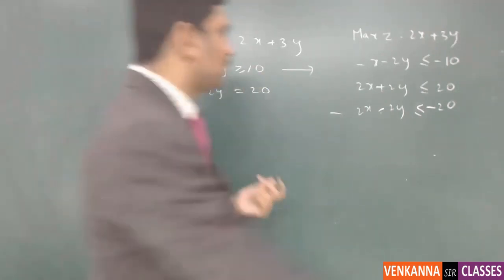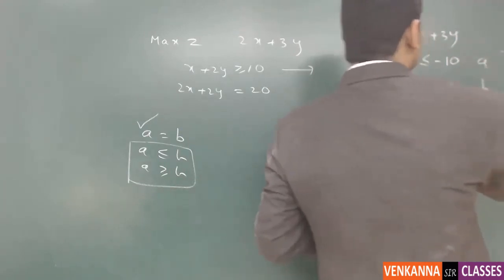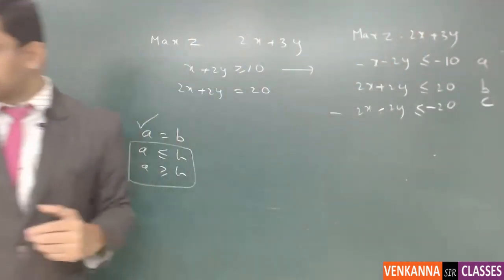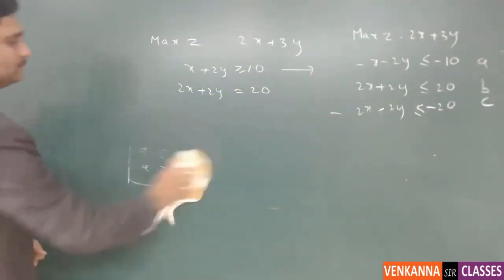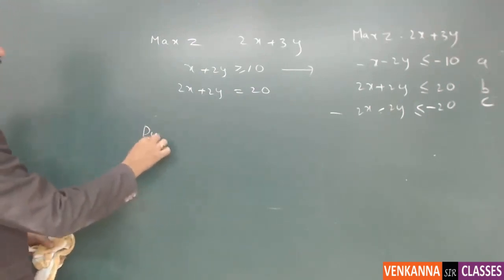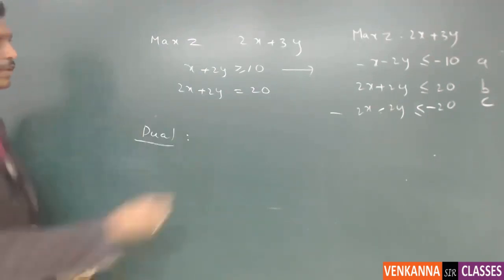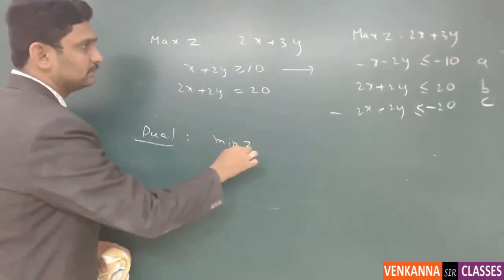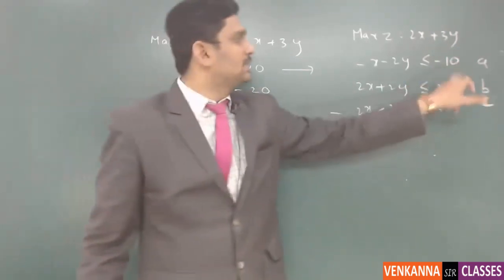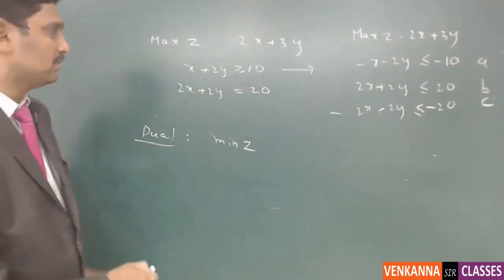So you can take the respective variables as a, b, c. Now you are going to take the corresponding dual. So it will be minimum z. These things will come in the objective function.